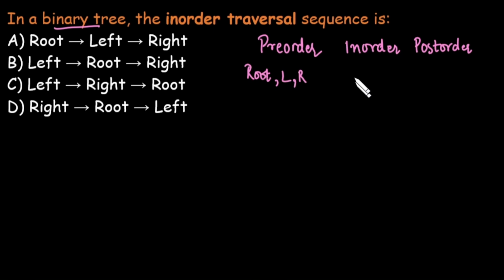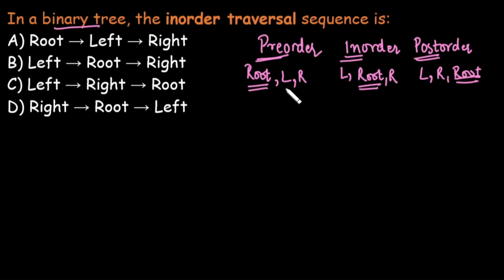Whereas in in-order, first we visit the left, then root, then right. In post-order, left, right, root. Based on the position of the root, we have pre-order, in-order and post-order. Pre means firstly visit the root. In means in between. Post means after that. But the sequence of left and right is the same. First we need to visit the left and then right.